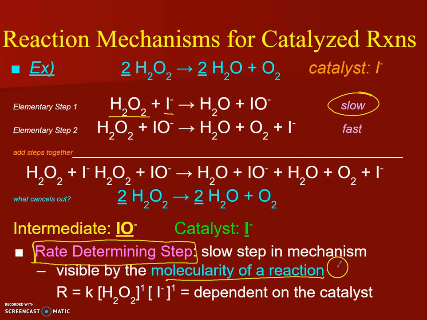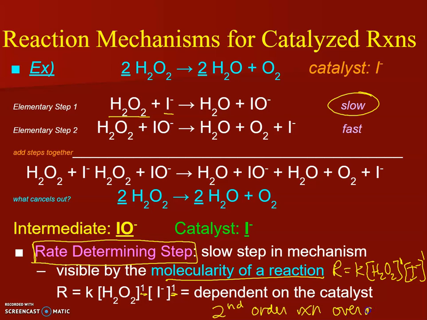So we know that the rate is equal to the rate law constant times the concentration of our reactants, which is H2O2, it is first order here, and iodide is first order. So overall, this is a second order reaction.